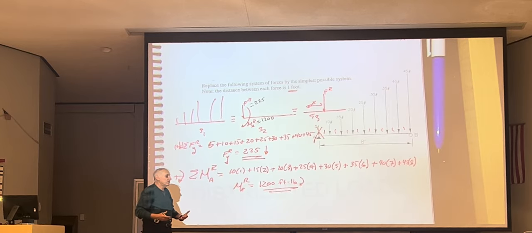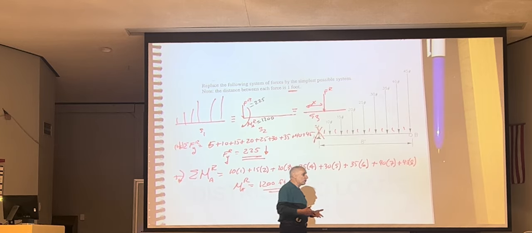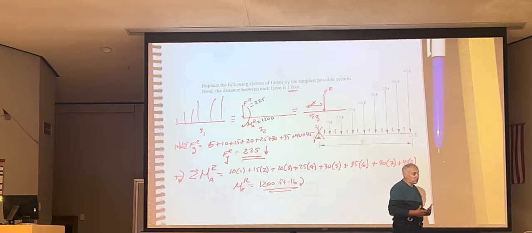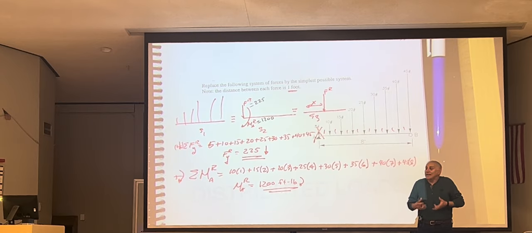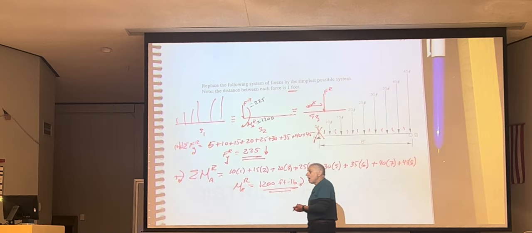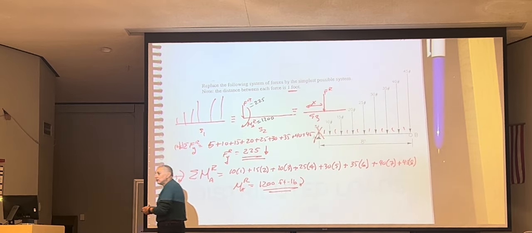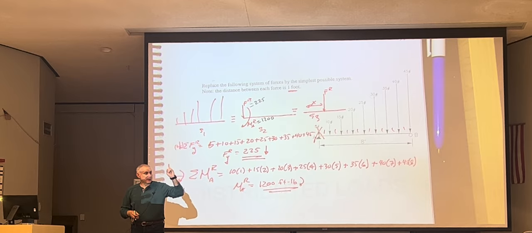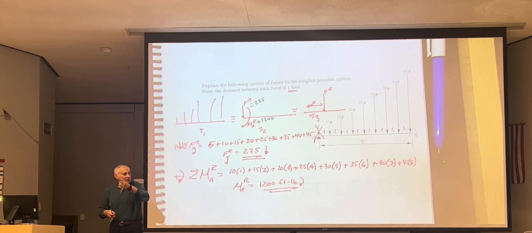Now the question is, can I reduce down to a single force at a known location, which is system 3? The answer is yes. What I need to do is locate that distance x. I already know what the force is, 225. How do I find x? Moments in system 1 must equal moments in system 2 must equal moments in system 3. Correct?